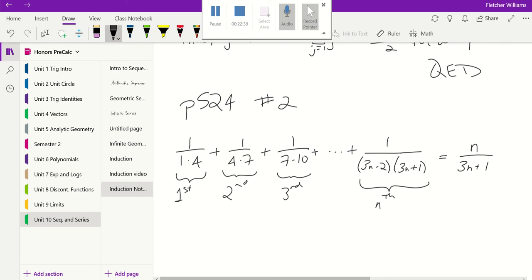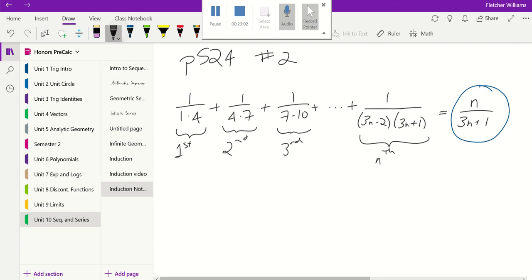So there's n separate things being added together. Make sure all those different pieces are being added together, n of them. And the claim is that you can get that number by just taking n over 3n plus 1. That's the claim. So it might help you if you could see how to write this left part in sigma notation.